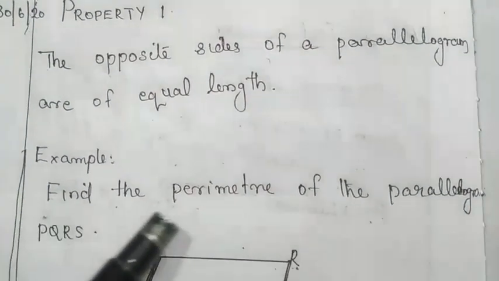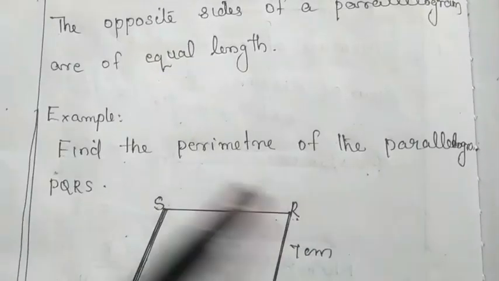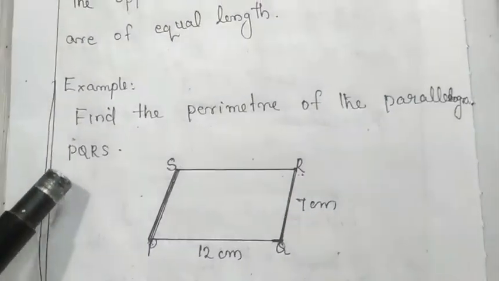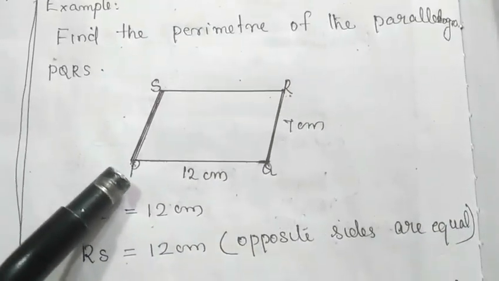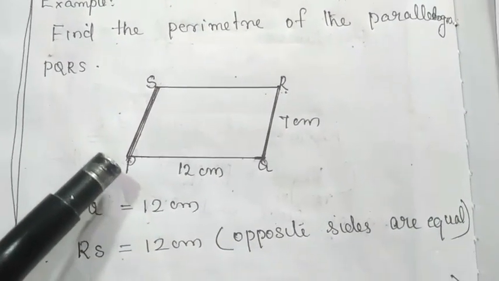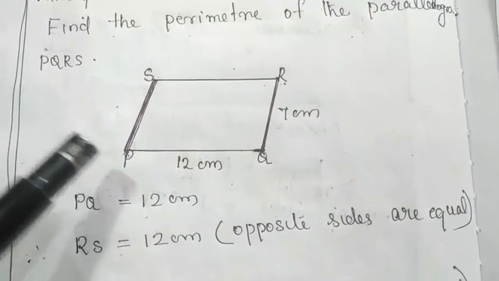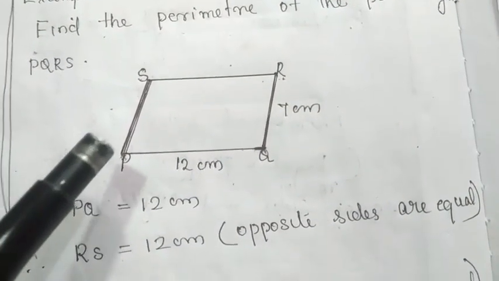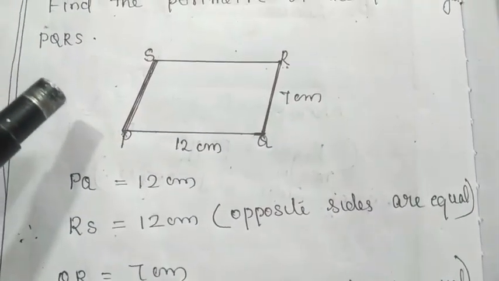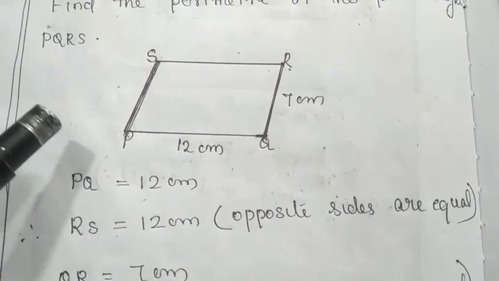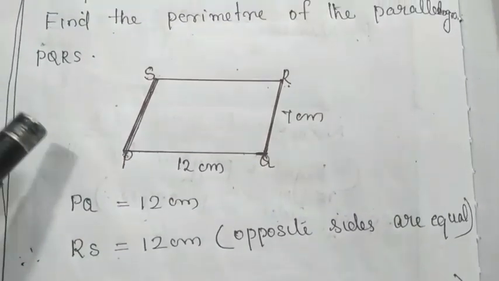Find the perimeter of the parallelogram PQRS. Here in PQRS, PQ equals 12 cm and QR equals 7 cm. Using these two measurements, we can find the other two sides and thereby the perimeter.